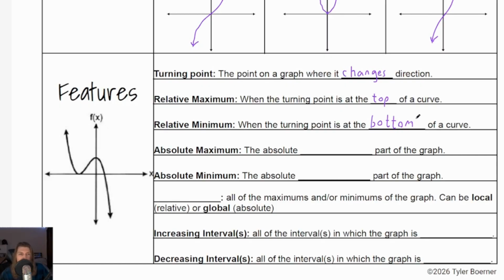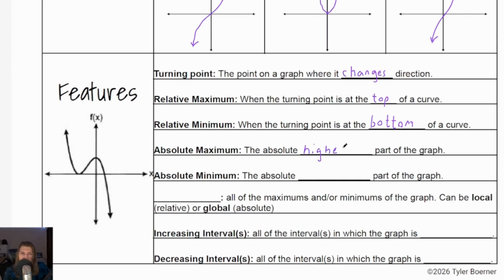Then we also have an absolute maximum and an absolute minimum. I do want to warn you about this, is we may not have any maximums or minimums at all in the graph, but sometimes we will, and we're looking for either relative or absolute. So the absolute maximum is the absolute highest part of the graph. Right?